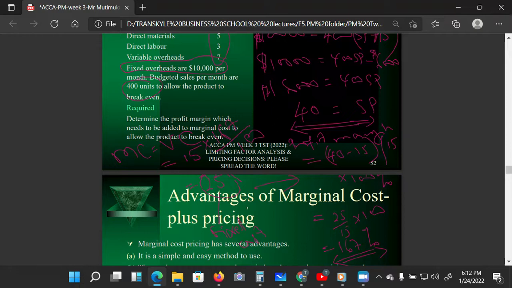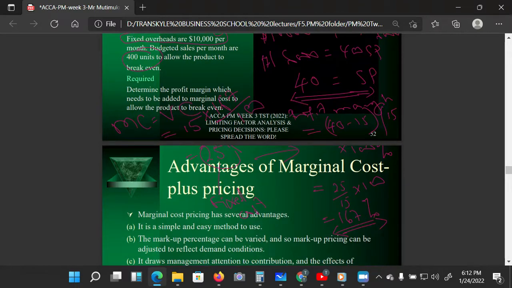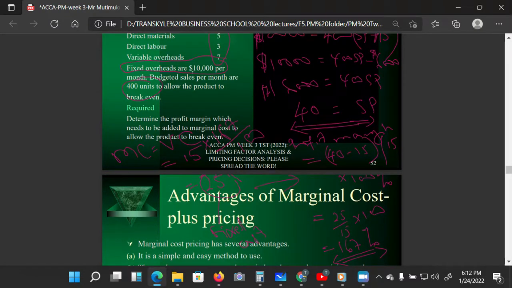And if you are not yet convinced that it's fixed cost, you can also prove it. We are given the fixed cost in total, and the units produced. So to determine the fixed cost per unit, it's just 10,000 divided by 400, and I'm sure you are going to get 25.